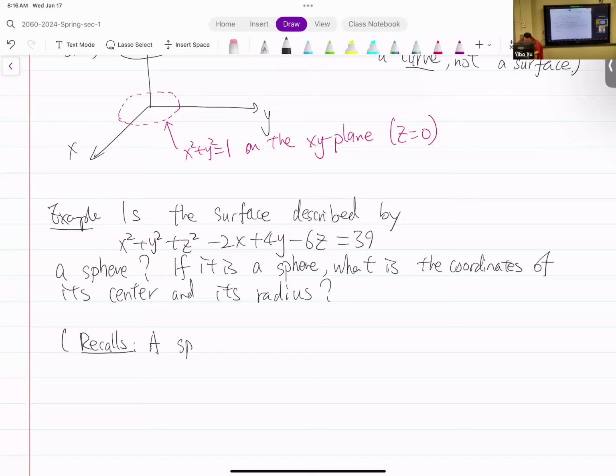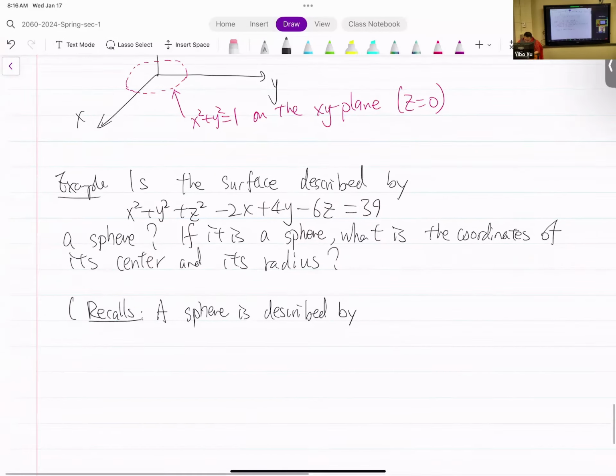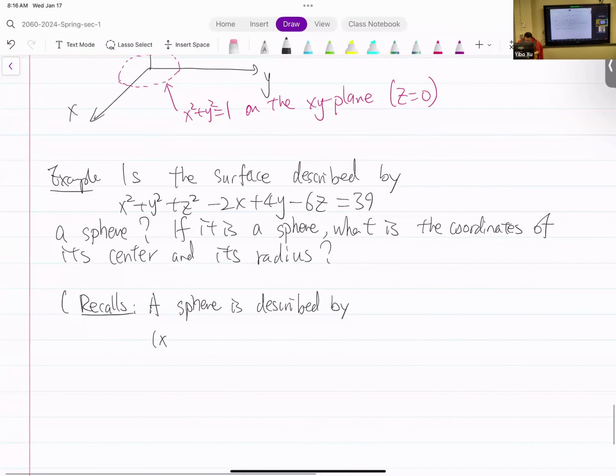So a sphere is described by the formula x minus h squared plus y minus l squared plus z minus k squared, and the square is on the outside of the bracket. So the right hand side r squared is the radius squared of the sphere.